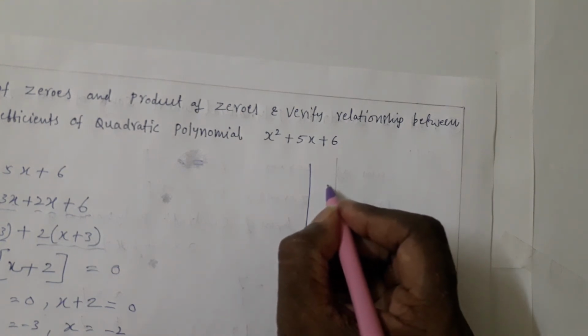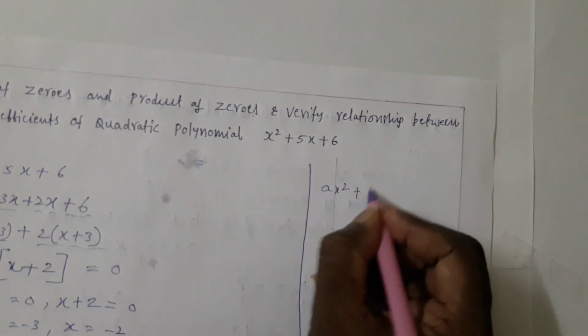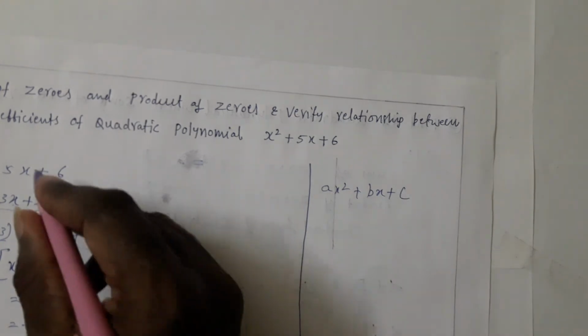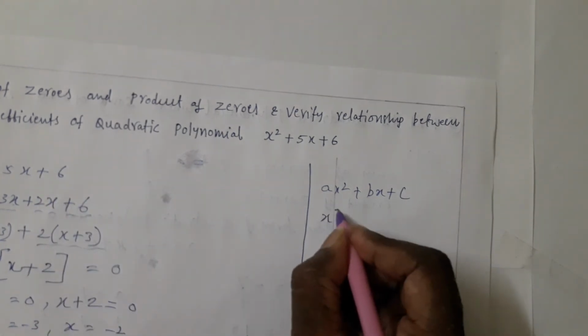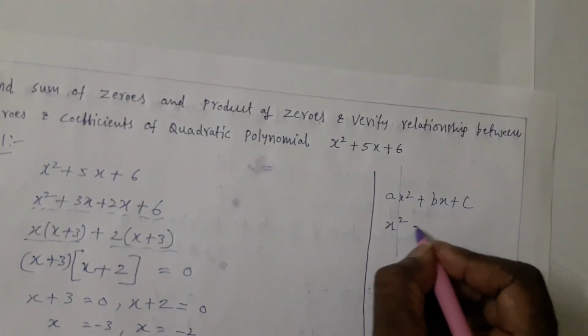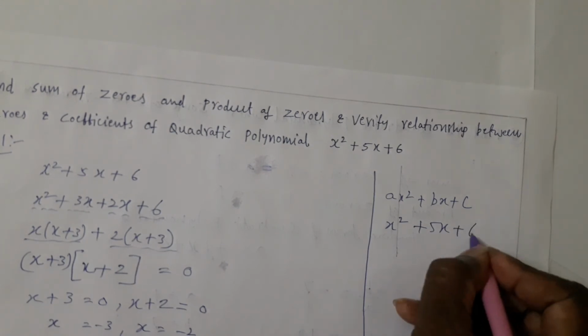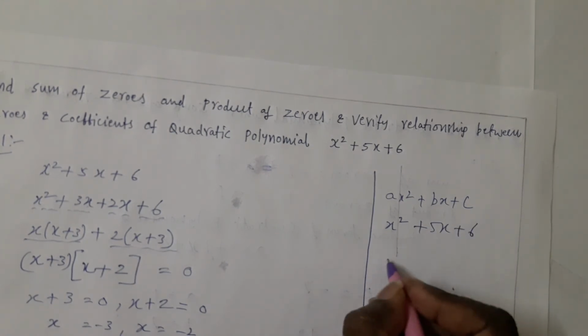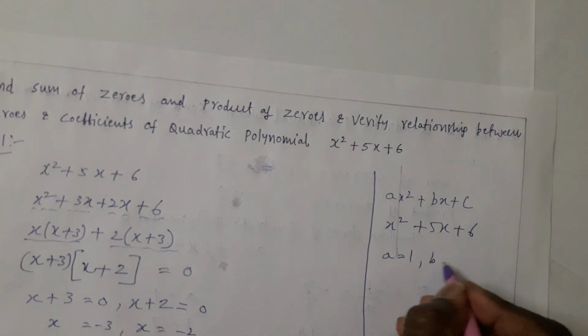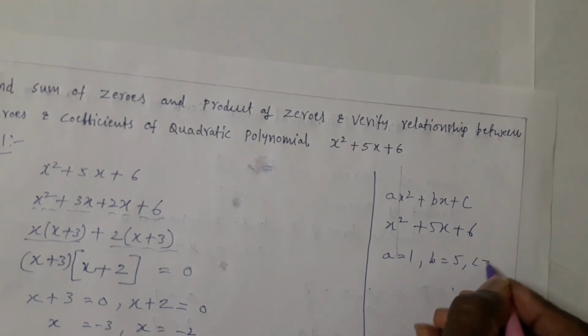Standard form of quadratic polynomial is ax square plus bx plus c. Taking this expression, x square plus 5x plus 6, here a is equal to 1, b is equal to 5, c is equal to 6.